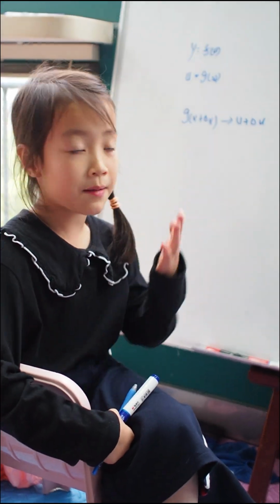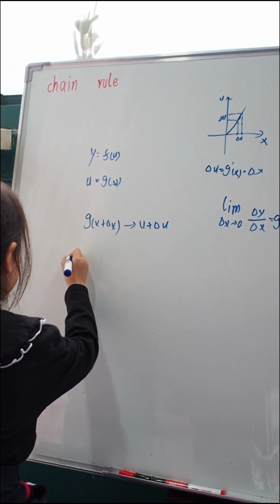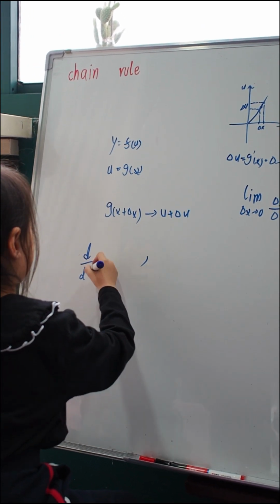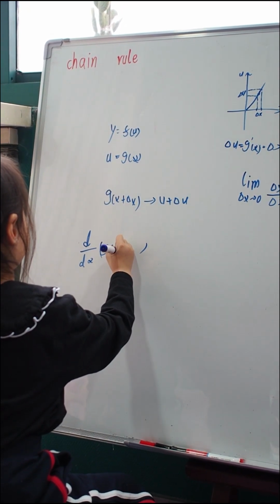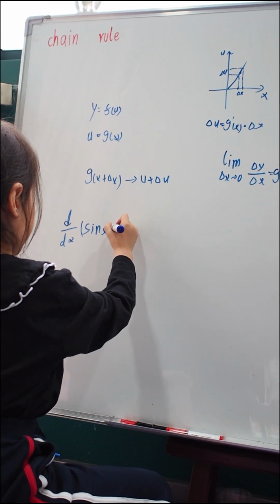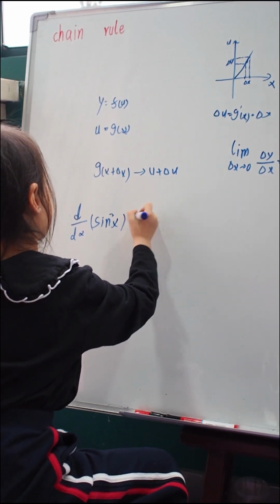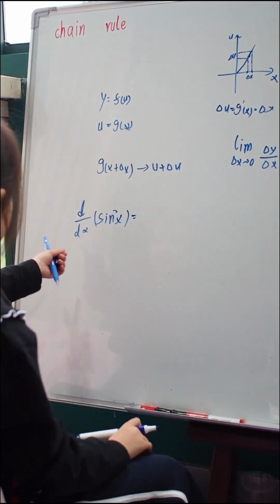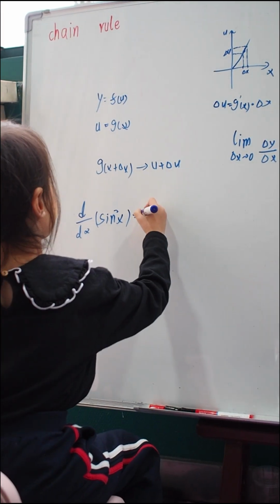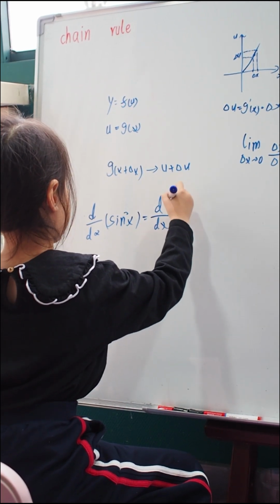Now we see the first example: d over dx of sine x, squared. First we see this inner one, because if I put the square out, it's the same.